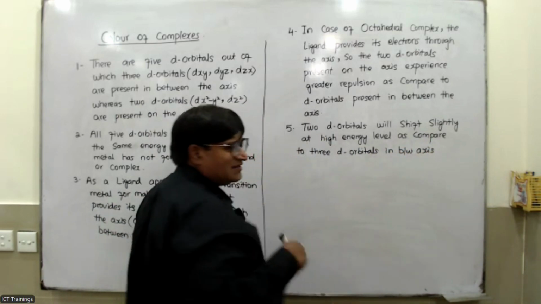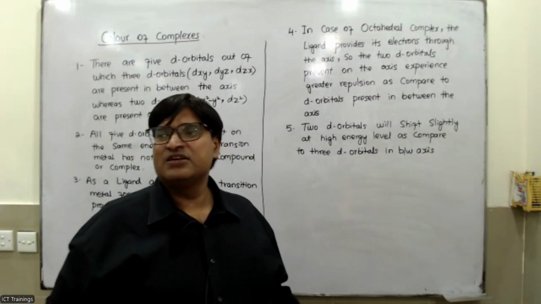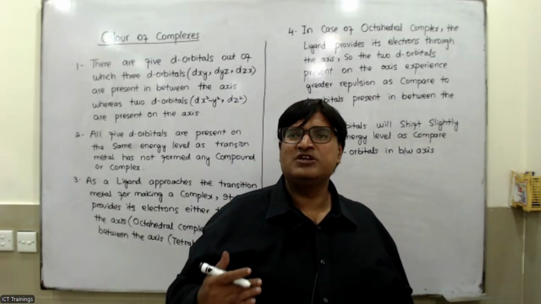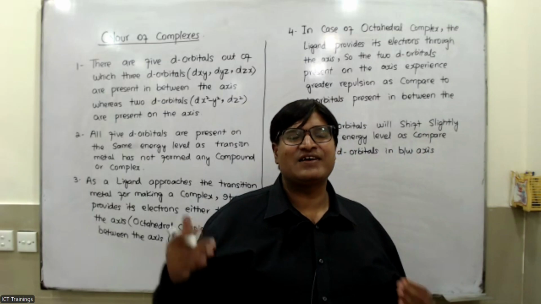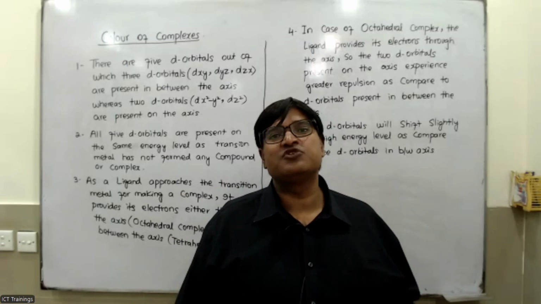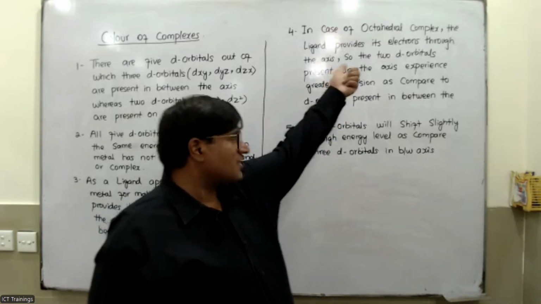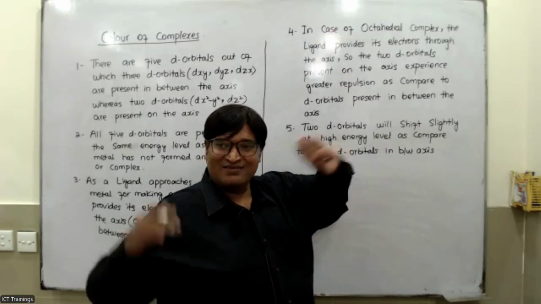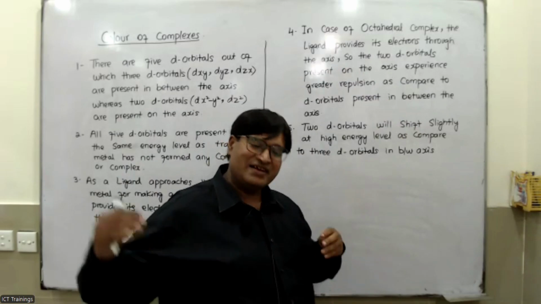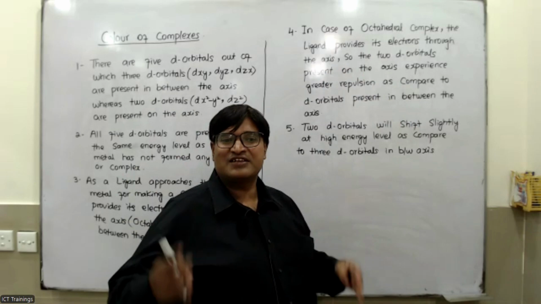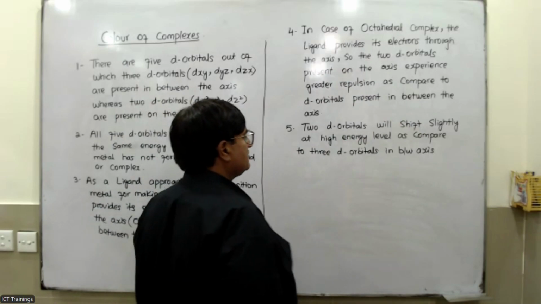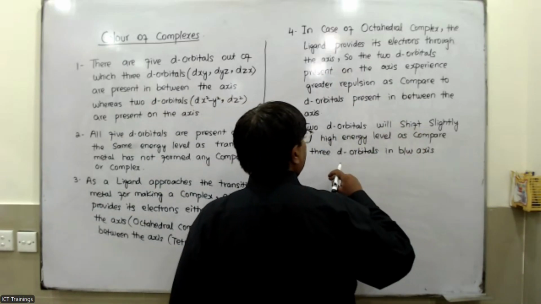So I told you that the five d orbitals split up into two sets. The two d orbitals which are present on the axis experience greater repulsion, so they will shift slightly at high energy level, and three d orbitals would remain at low energy level. In case of octahedral complex, we are just considering octa. In tetrahedral complex, this is reverse because the electrons are donated by the ligand in between the axis. So three d orbitals experience greater repulsion, so they would shift slightly at high energy level, and two would remain at low energy level.